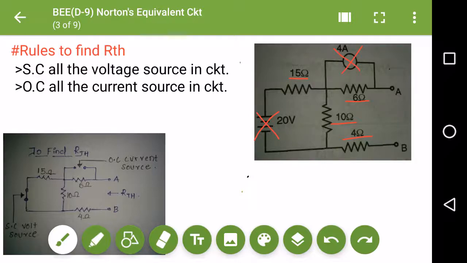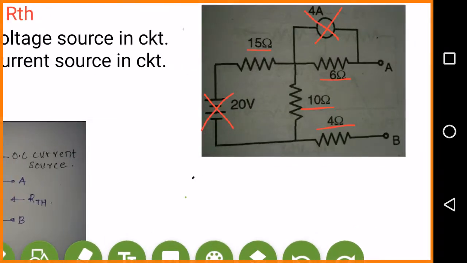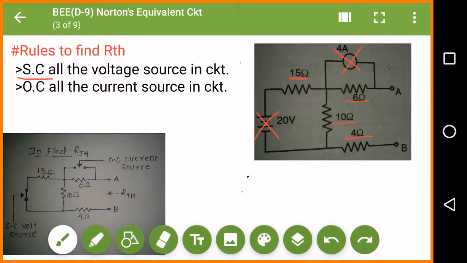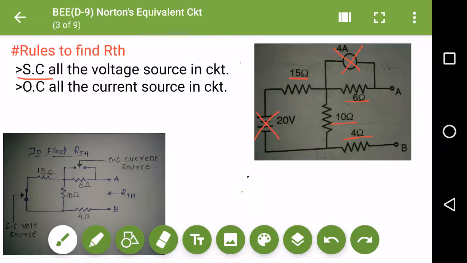How should I do this? By using these rules: we have to short circuit our voltage source, so this voltage source over here needs to be short circuited, and we need to open circuit our current source.